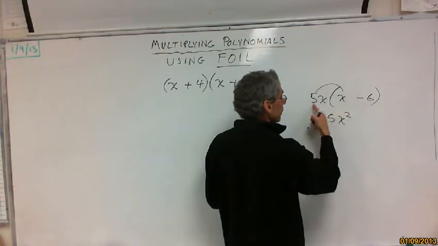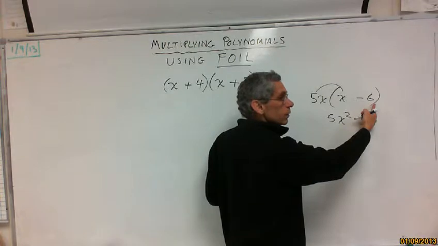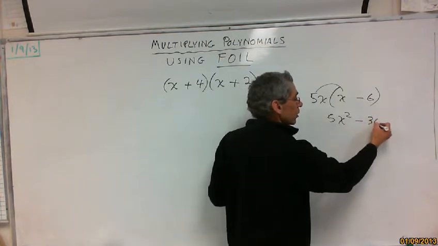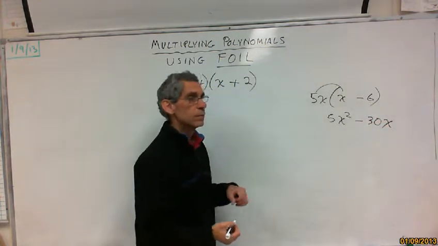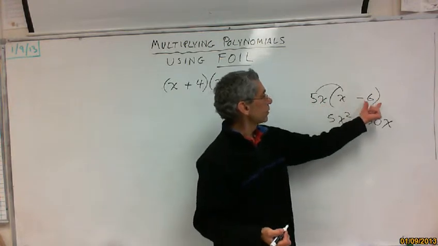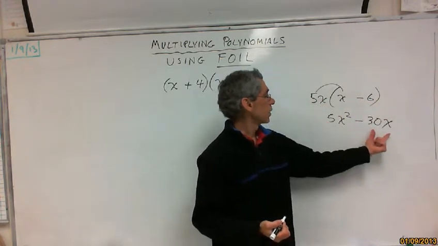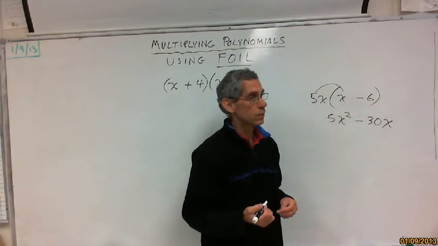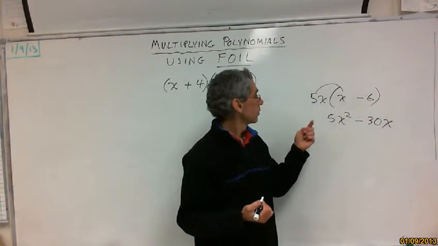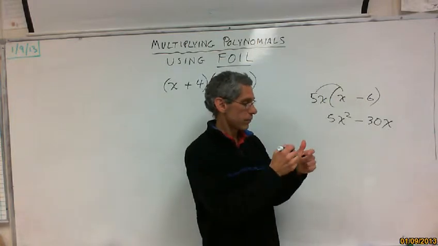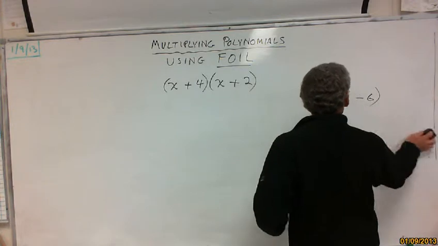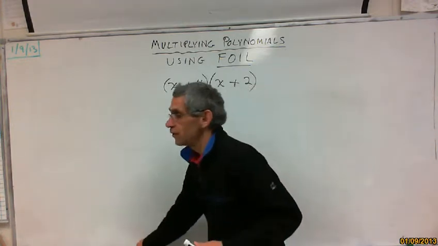And this would be 5 times negative 6 is what? Do the math. Negative 30x. So the x stays with it, and you just multiply the numbers. Okay, that makes sense. Does that make sense? Good question. Are we supposed to write that down? No, that was just answering her question really fast.